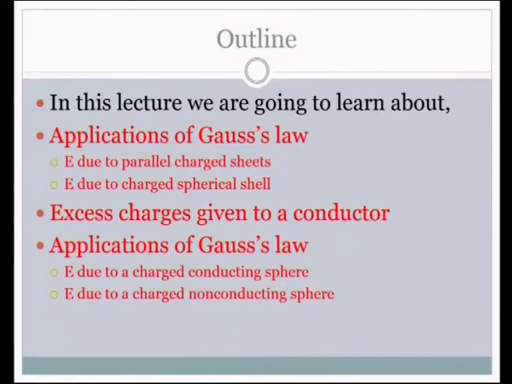What is the effect of the excess charge on these two types of materials? And then we are going to learn further the application of Gauss law in finding the electric field due to a charged conducting sphere, and again the same for a non-conducting sphere also. So, this is the session outline.